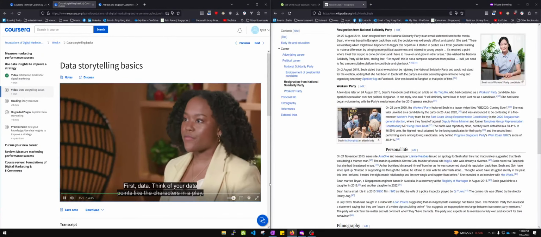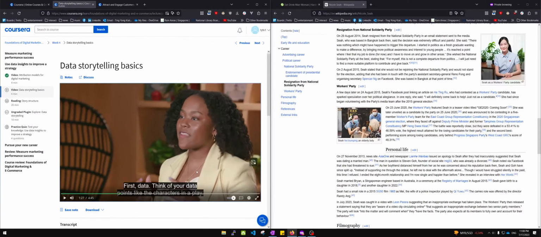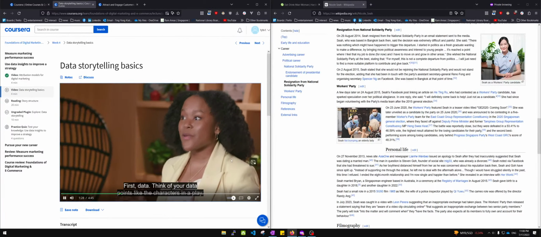First, data. Think of your data points like the characters in a play.